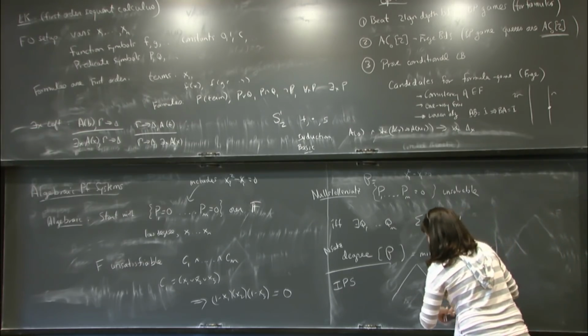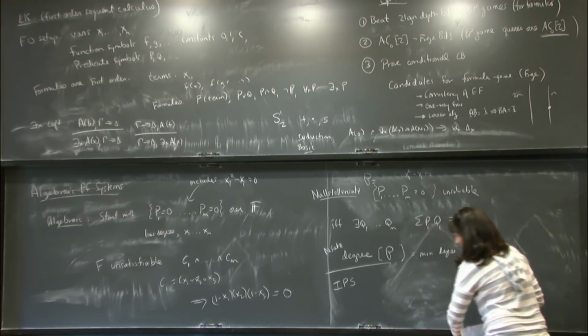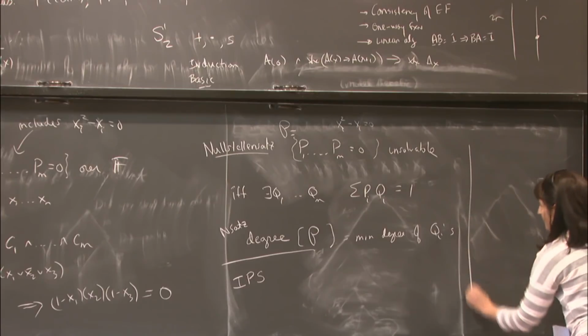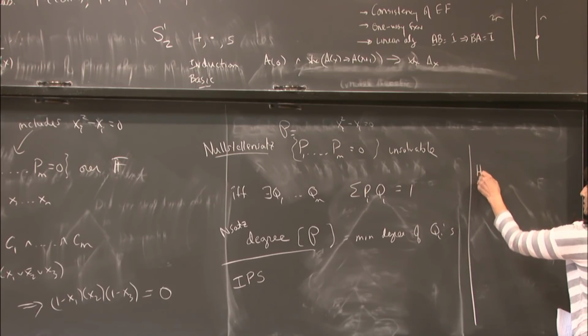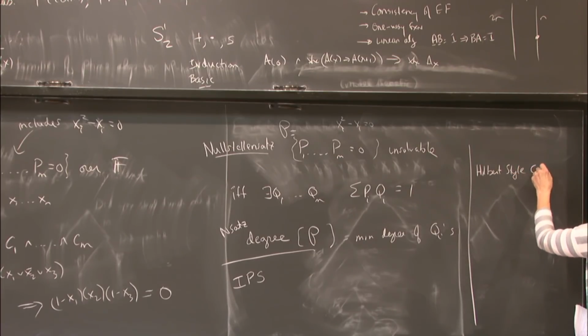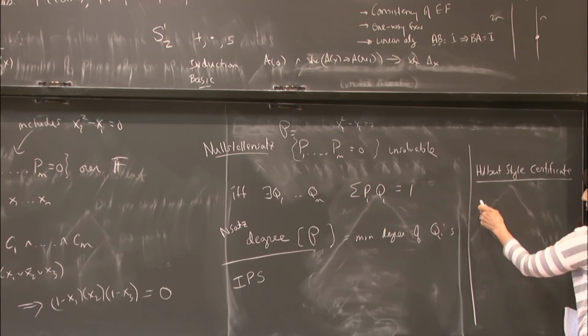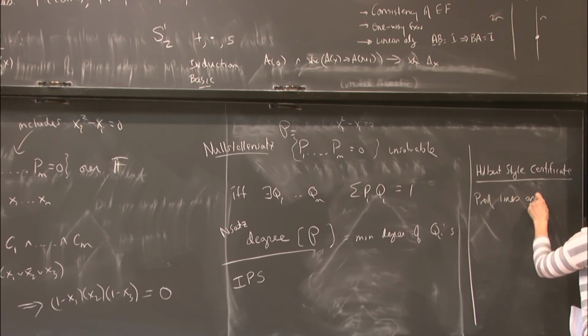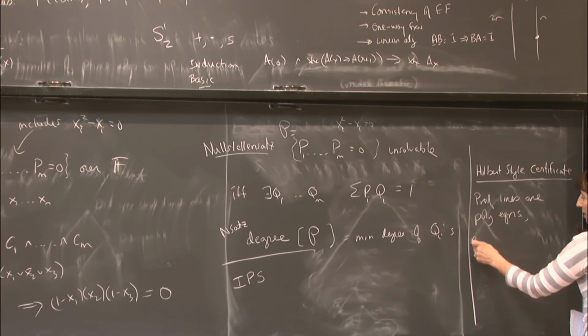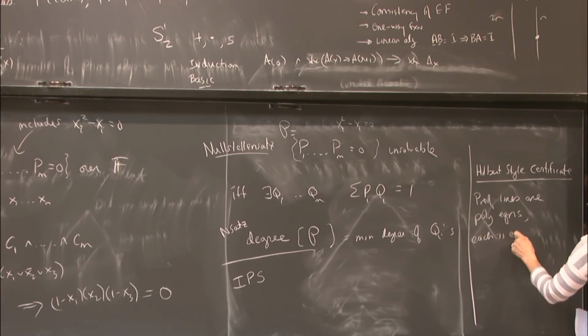So an IPS proof, the motivation is that, let me call this a Hilbert style certificate. This is what I just described. It's a proof where the lines are polynomial equations. It's a sequence of polynomial equations.